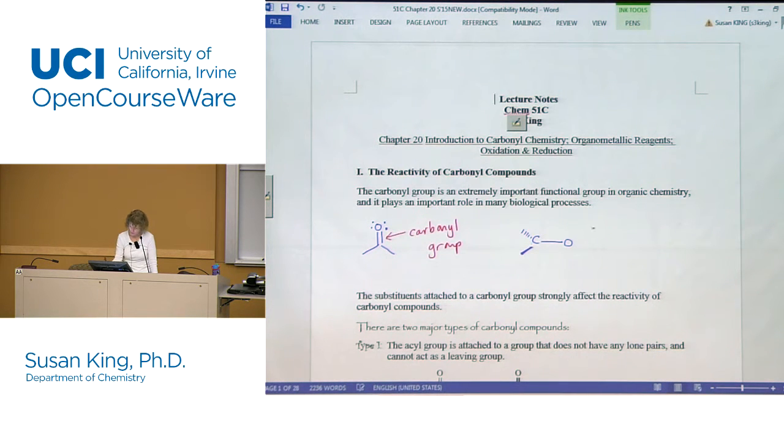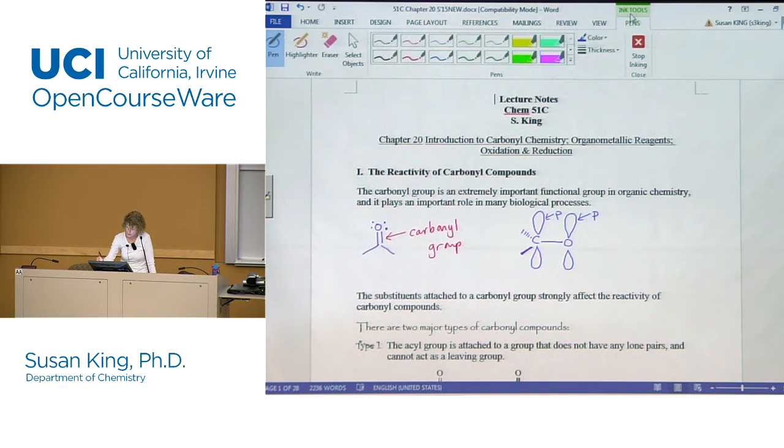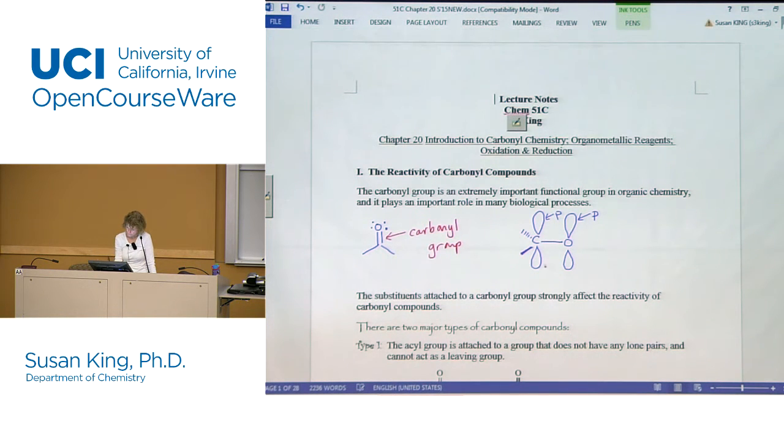Perpendicular to your page, we have our pi bond. So these are our two unhybridized p orbitals. That's a p orbital, that's a p orbital. And those two orbitals overlap to make our pi bond. So our pi bond is the overlap of two p orbitals.